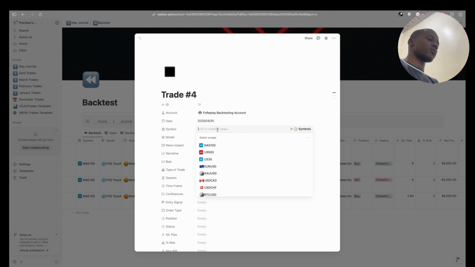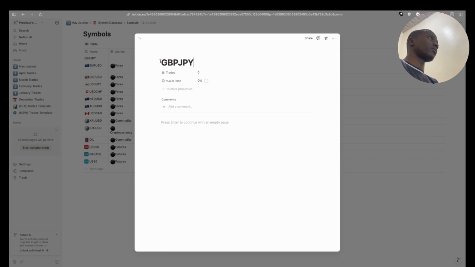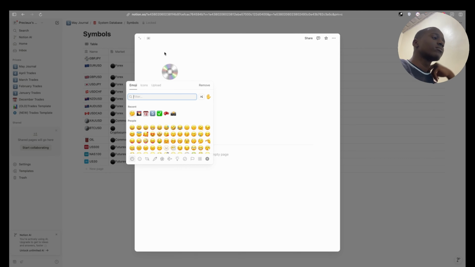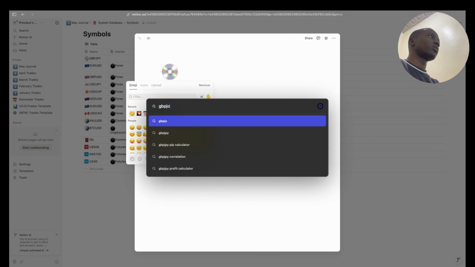and the symbol was GBP JPY. I think we'll add another in symbols, so let's go to symbols. Let's put a new pair, GBP JPY. Let's see, maybe we can find the icon this way.